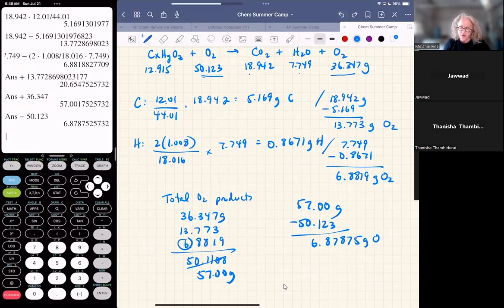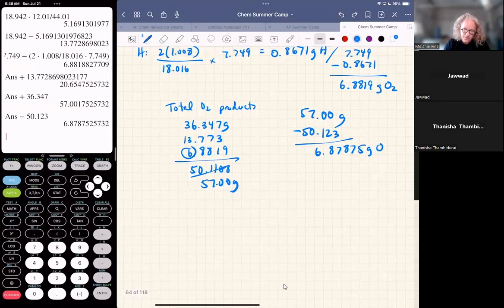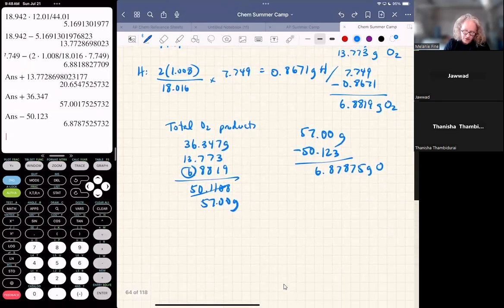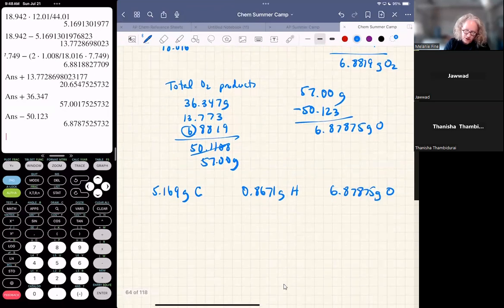So now these are our numbers. I've got carbon, 5.169 grams of carbon. I've got 0.8671 grams of hydrogen and 6.87875 grams of oxygen. I don't care about sig figs here because it's all ratios. Divide by their molar mass.